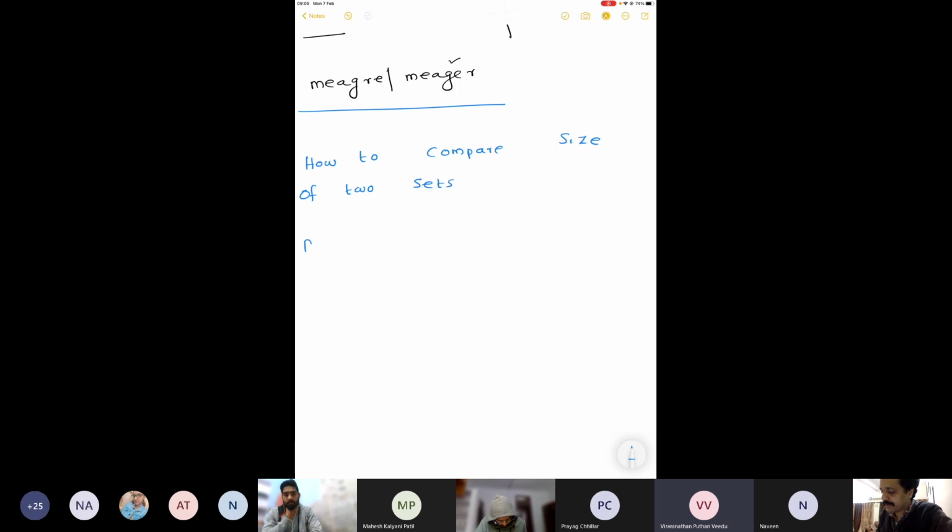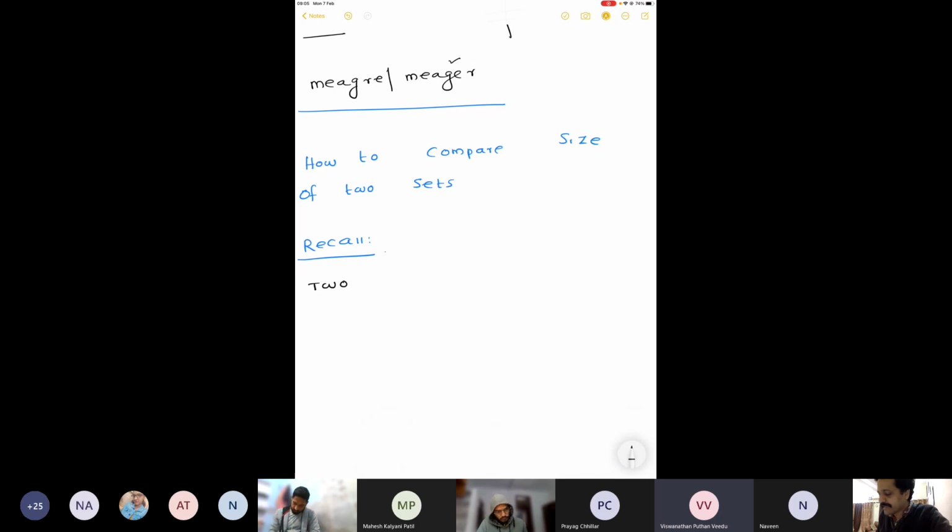Let us quickly recall. One fundamental notion that helps to compare sizes of two sets is numerical equivalence. Let me define what is numerically equivalent.